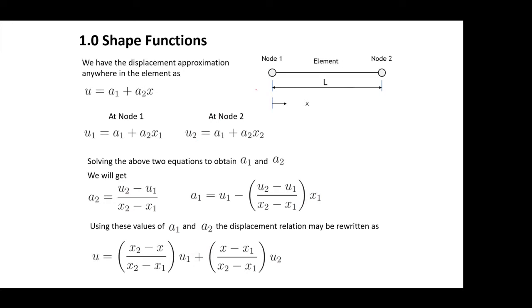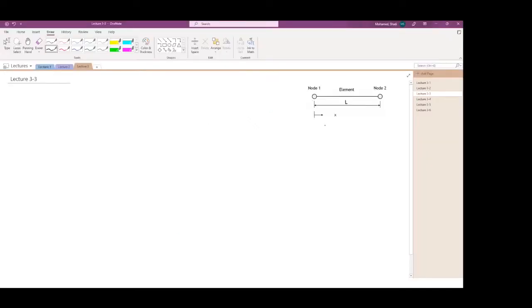So we had this two-noded element. We had node number 1 and node number 2, and we said that we are going to represent it in a linear way. So we have this linear equation. I'm going to generalize the element now, one step further, and assume that things are more general.